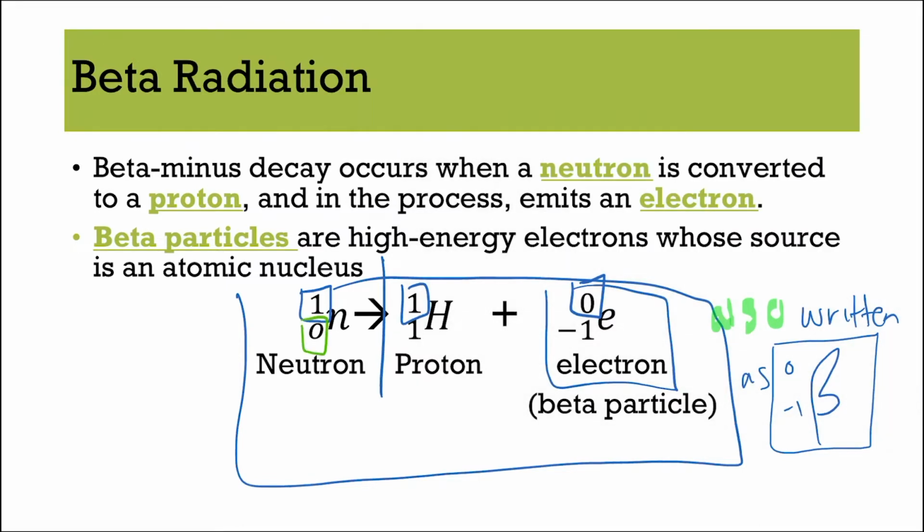The bottom of the left is 0, and on the right side we have 1 and negative 1, which cancels out to make a 0. Even if it doesn't make sense conceptually, as long as you can see that it is balanced, that's what matters. And again, we're going to be practicing with this.